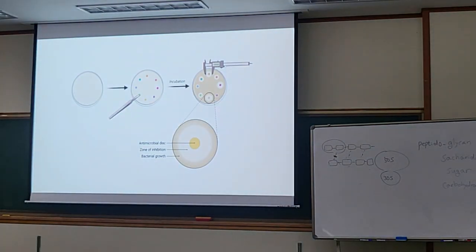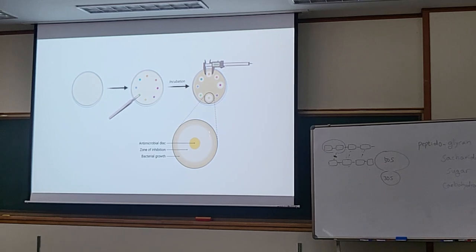So to test the antibiotic effect, you grow the bacteria on the surface like this, and then you drop your antibiotic, one drop, and this is the bacteria-growing area, and this is a cleared area. The cleared area is where the bacteria died.